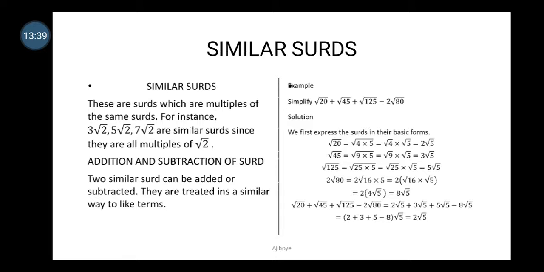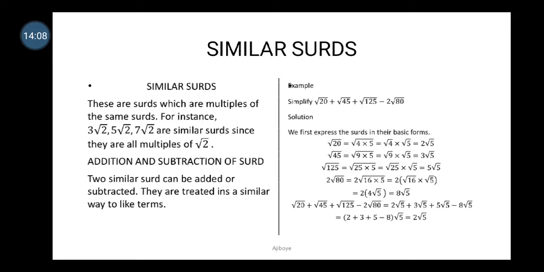So if I split it, I have the square root of 16 times the square root of 5, and the square root of 16 is 4. So root 80 is 4 root 5, and 2 root 80 becomes 2 times 4 root 5, which gives us 8 root 5.